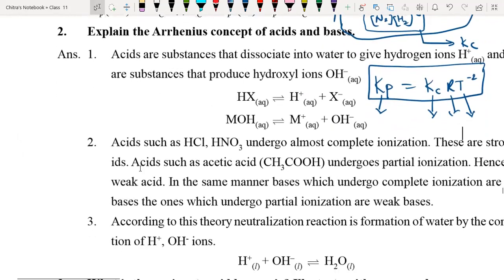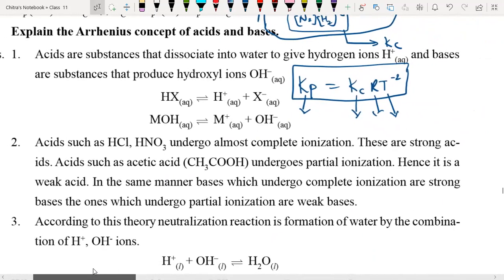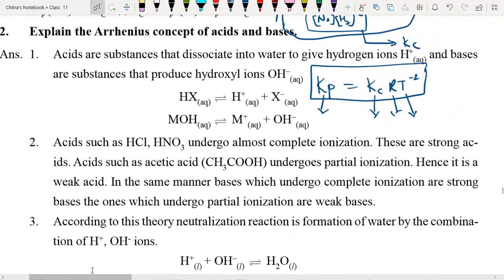So now we are going to understand the Arrhenius concept of acid and base. It is again very important. Arrhenius theory says when any substance dissolves in water and gives hydrogen positive ion, it is called an acid.